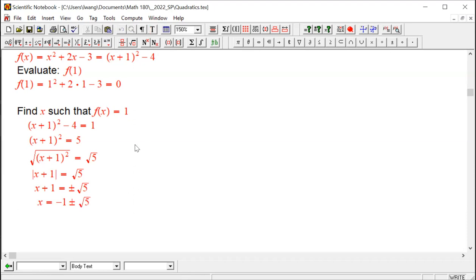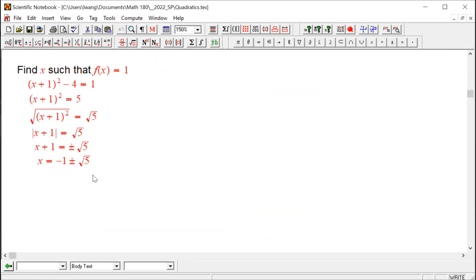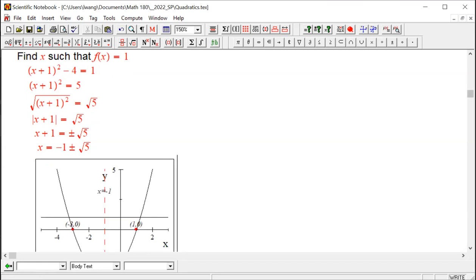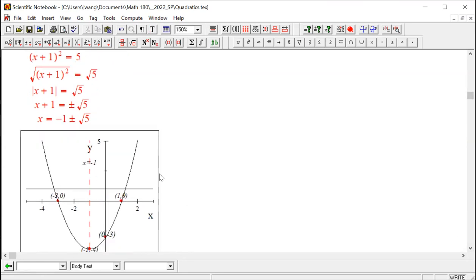We got our 2 points. So what are these 2 points, if we want to put them on the chart? This point is already plotted, but we are curious about these 2 points. When we draw that horizontal line, where does it cross? What are the coordinates of those 2 points?